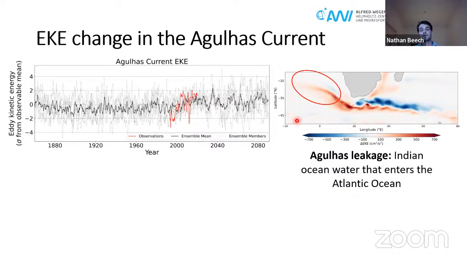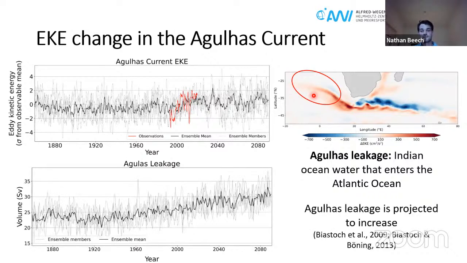And that is reminiscent of Agulhas leakage. Agulhas leakage is essentially water that's flowing through the Agulhas current, and then it breaks off the current and, in the form of eddies, enters the South Atlantic. And so that's how water from the Indian Ocean over here ends up in the South Atlantic over here. It typically takes the form of mesoscale eddy activity, which is why we can see it on this map here.